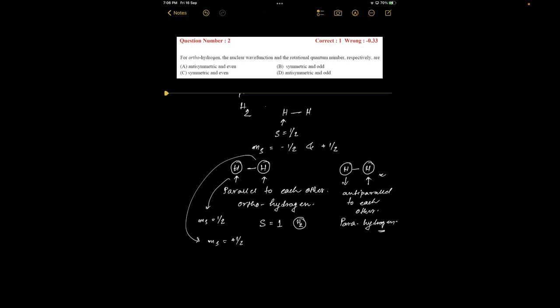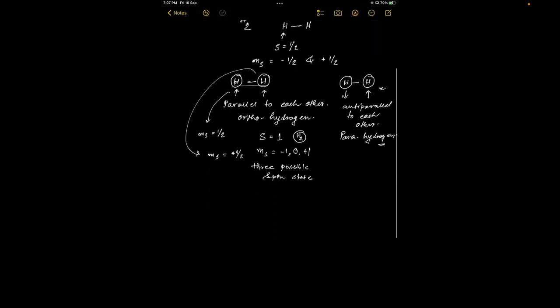The possible values of ms are -1, 0, +1. So for orthohydrogen there are 3 possible spin states: ms equal to -1, 0, and +1. Having 3 possible spin states means we call it a triplet state.